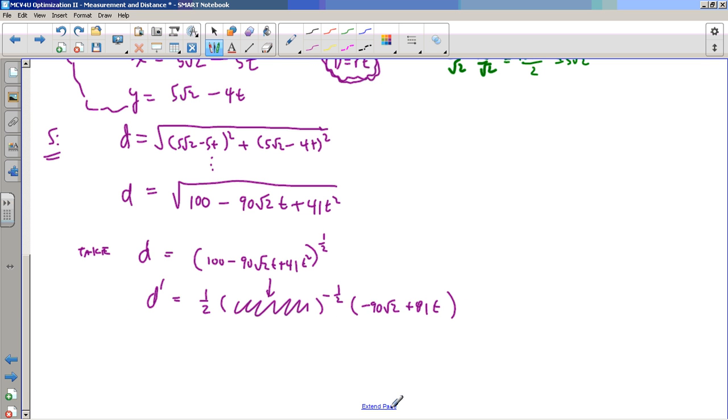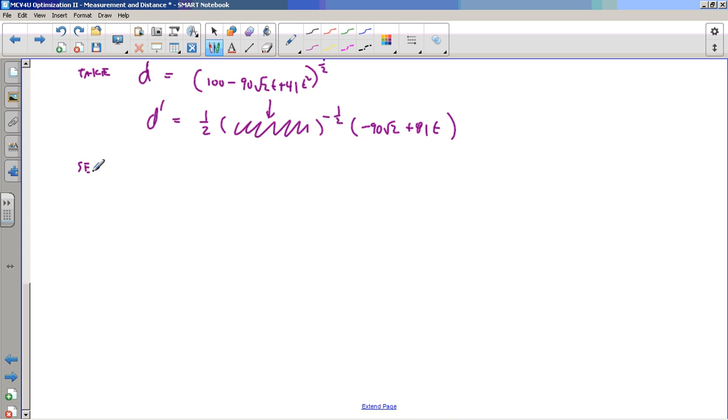Well, have a look. Because I'm going to set d prime equal to 0. Then I have 0 equals 1 over, because of the negative exponent, that to the half, times this. Squiggle, squiggle, squiggle.